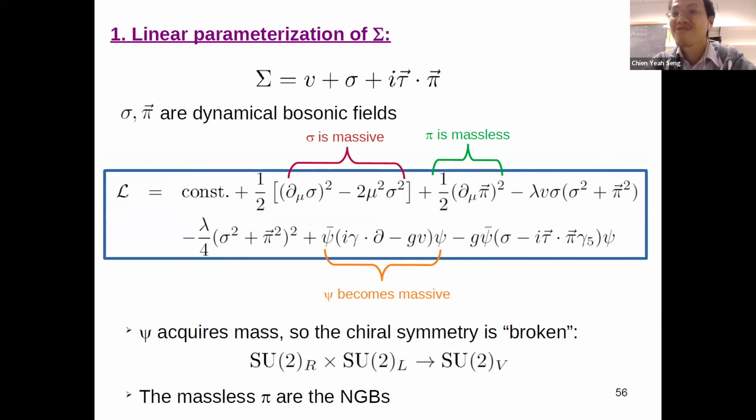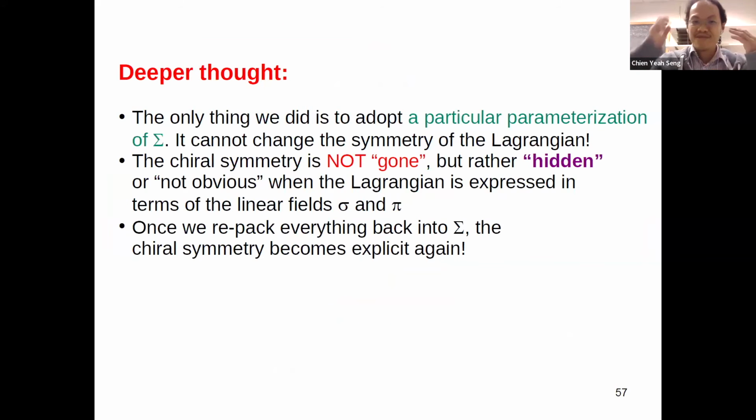But in fact, it is still chirally symmetric if you can figure out the more complicated transformation rule of the small sigma and pi. Therefore, spontaneous symmetry breaking does not mean the symmetry is gone. It's just hidden because the transformation rules in terms of the new field are very complicated. So you can't see the symmetry at first sight. But if you repack everything back into sigma, then the symmetry becomes explicit again.